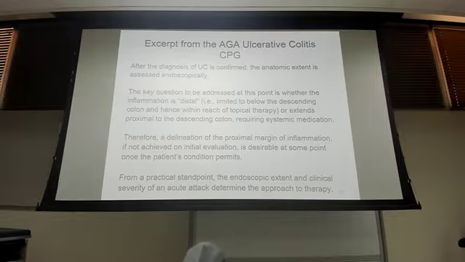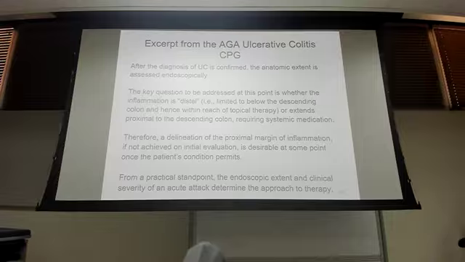But the key point to address is whether it is distal, limited below the descending colon, so that you can get topical therapy to it. This is a big difference, so you have to determine if you can use topical therapy or if it has to be systemic oral therapy. If it's proximal to the descending colon, anything above it over into the transverse colon, then we're going to have to use systemic drugs.